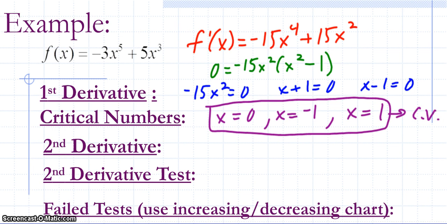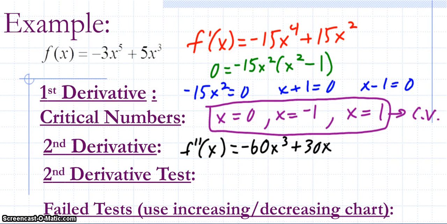Now let's find the second derivative. The second derivative is, let's see, this is my first derivative, so negative 60x cubed plus 30x.